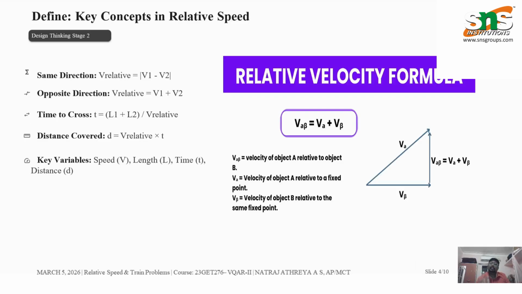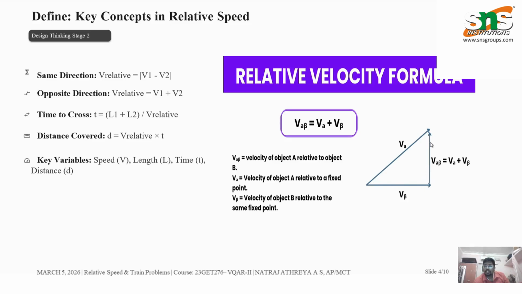So the key concepts in relative speeds: the relative velocity formula, as I said earlier, is v relative or v alpha beta equals v alpha plus v beta. As you can see in this diagram, v alpha and v beta are there.